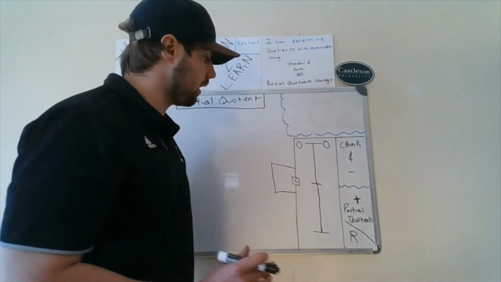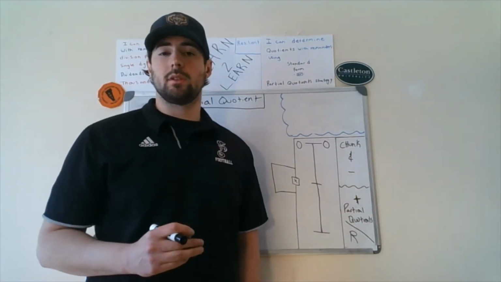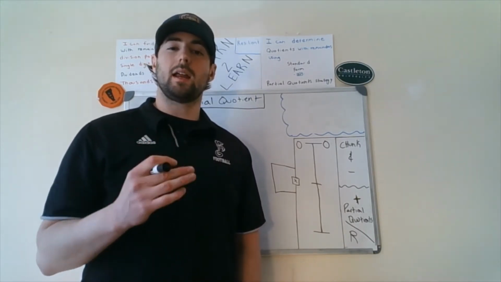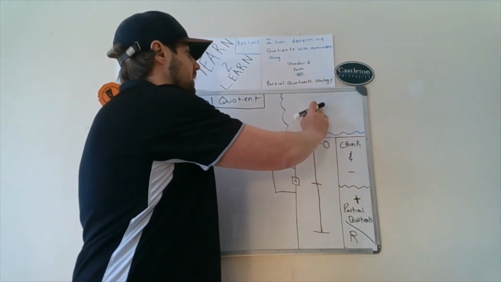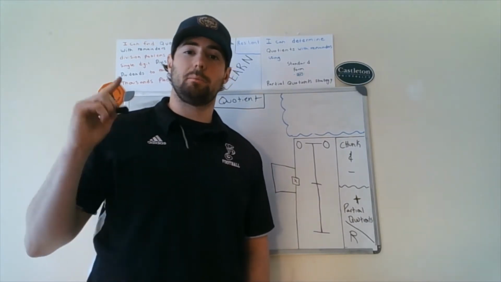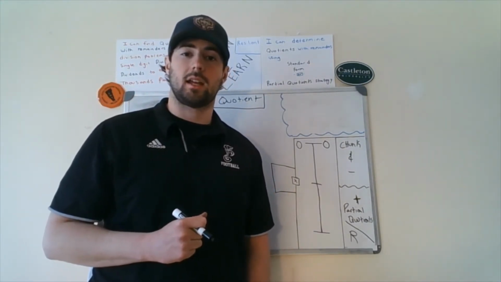So, tape diagram is used a little bit differently when using partial quotient strategy. Instead of estimating to find missing factors or quotients, we're actually going to use it to help us chunk bigger numbers. And you're going to see that in just a second.